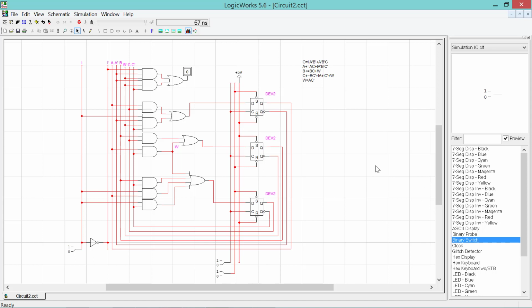For observation purposes, it will be helpful to look at which state we are in. Let us place some binary probes to list the state. A, B, and C. Connect to A, connect to B, and connect to C. And we see we are now in state 101.